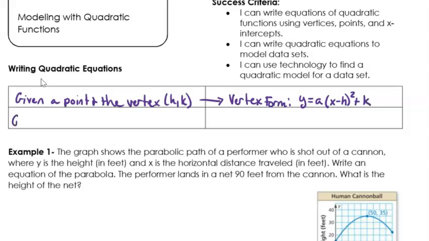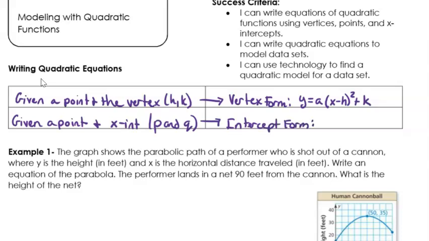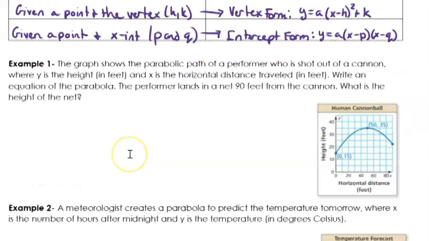Or if you are given a point and also given the x-intercepts, which remember are p and q, then you should use intercept form, which we learned in section 2.2, and it's y equals a times x minus p times x minus q. And p and q are the intercepts. So on that one, you need the two x-intercepts plus another point that is not one of the two x-intercepts.